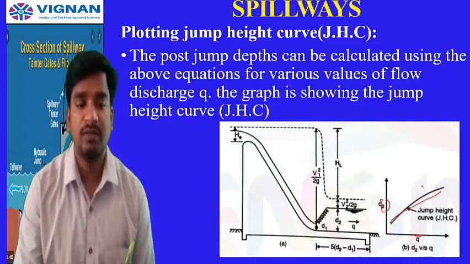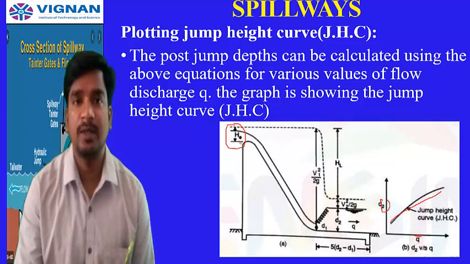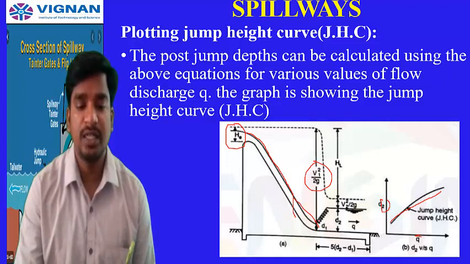So what is our motto? This is the water which has an initial head, and this water has high potential energy, that is V1 square by 2g. This water is released and spilling over the crest, and the initial depth of water is D1, and after the jump the final depth of tailwater is D2.